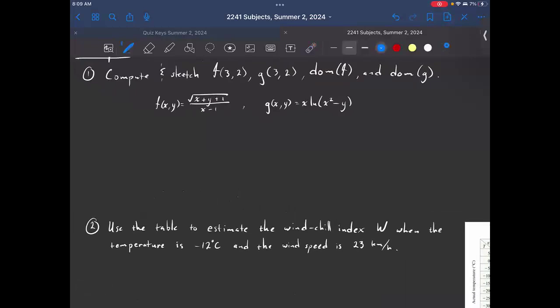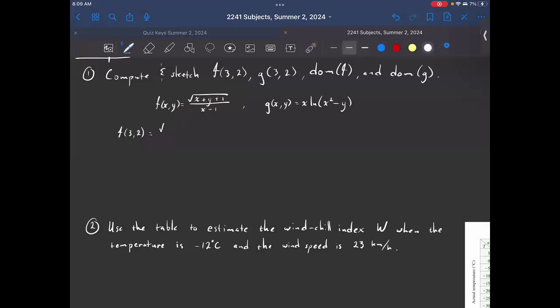So first off, f of 3, 2. Well, this means wherever I see x, I plug in 3, and wherever I see y, I plug in 2.